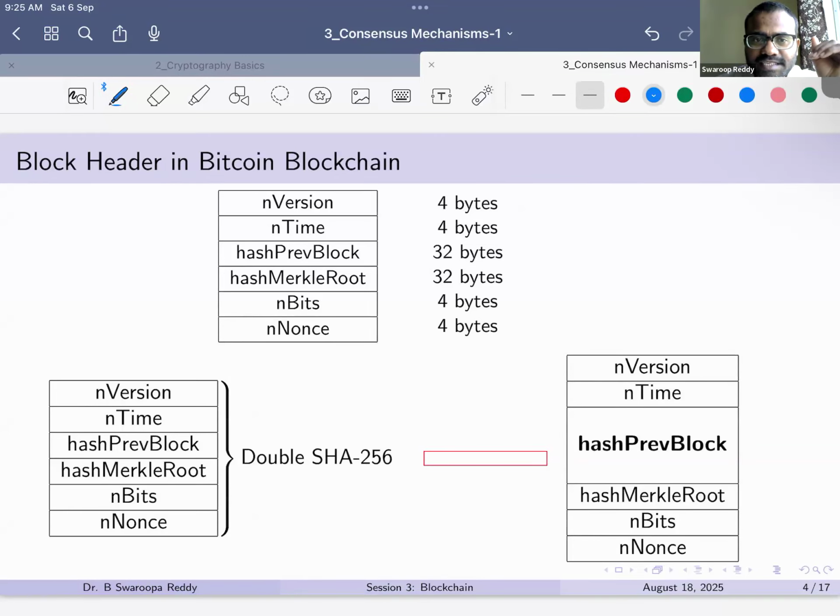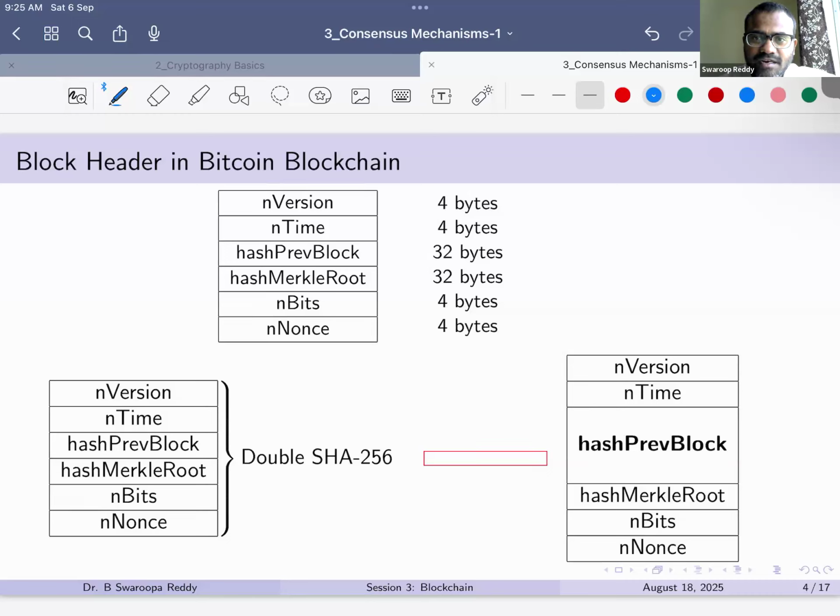So this is the header. The header consists of the version. For example, if any changes happen to the block data structure or anything, it will be added as a hard fork. For example, at block number 1 lakh, new features are included in the blockchain.